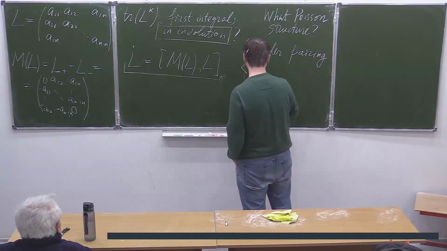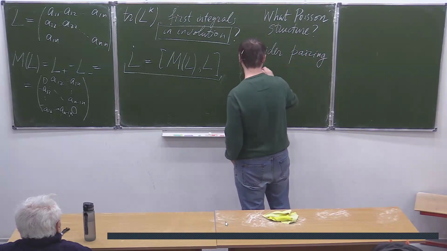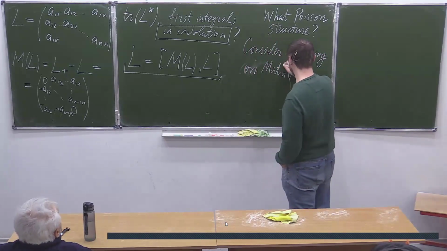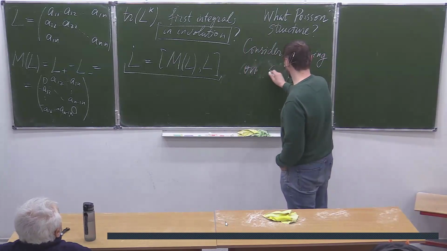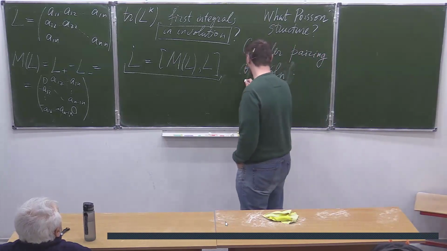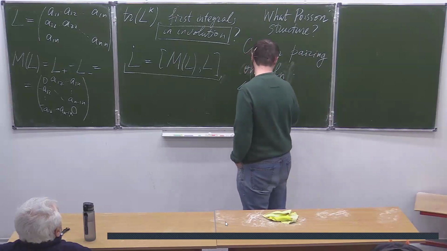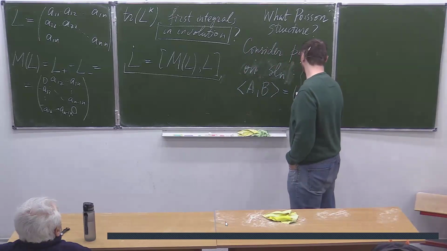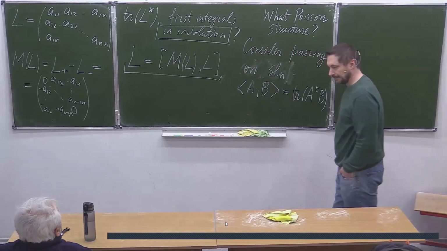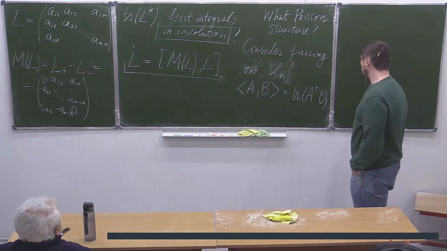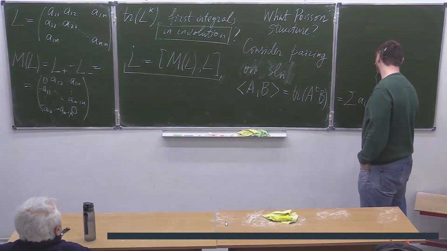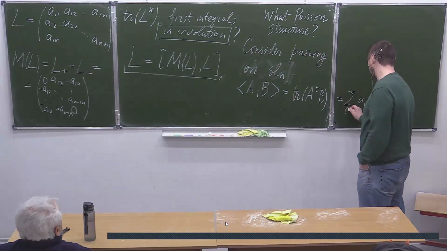on matrices, on all matrices. Let it be traceless matrices. So probably better to use this notation: A and B will give us the trace of A transposed times B. So in coordinates, it is just the sum of A ij times B ij, sum over i and j.